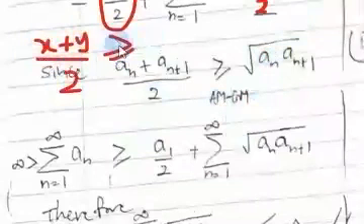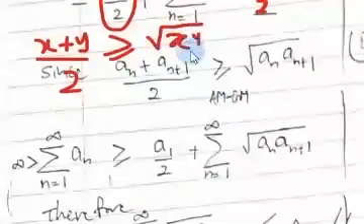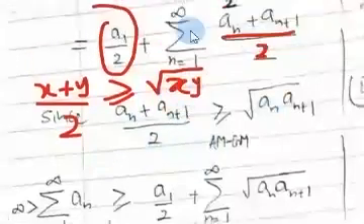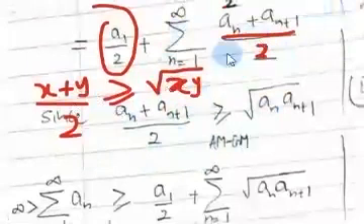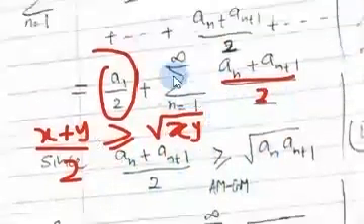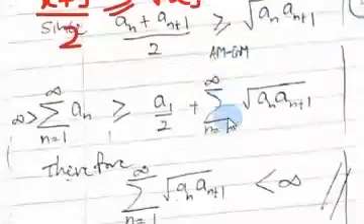This is greater than or equal to the square root of x times y. So I use that property here very easily. Then you get what you get.